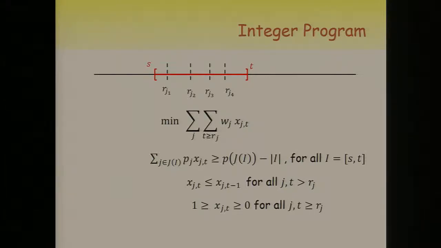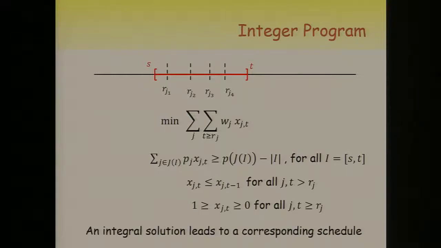And all I've shown to you is that if xjt are what they're supposed to mean, then all of these conditions must be satisfied, and this exactly captures my objective function. And the converse is also true. It's something I will not prove here, that if I give you a solution to this integer program, then I can build a schedule out of it. So essentially this is exactly the problem that I'm trying to solve.